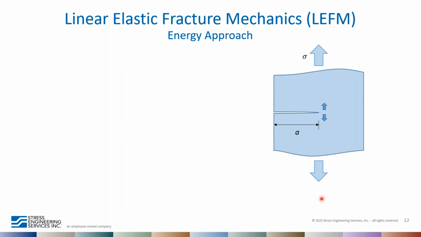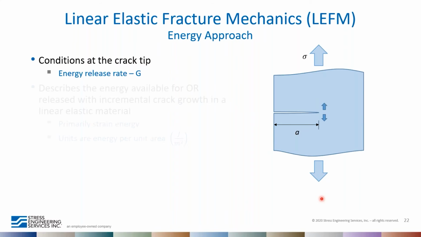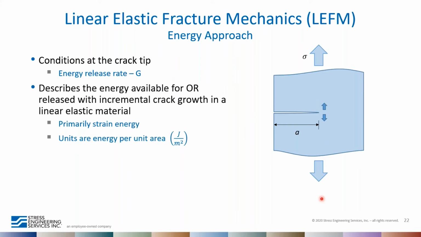Another way to look at conditions at the crack tip in linear elastic fracture mechanics uses the energy approach. The term energy release rate is one that we use to indicate the energy at the crack tip. It describes the energy available for or released with incremental crack growth.